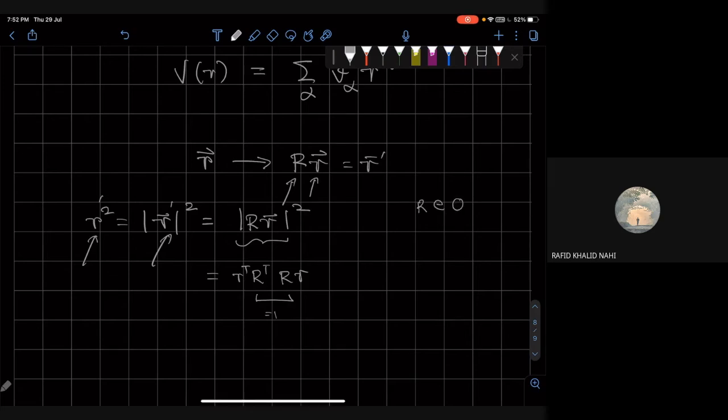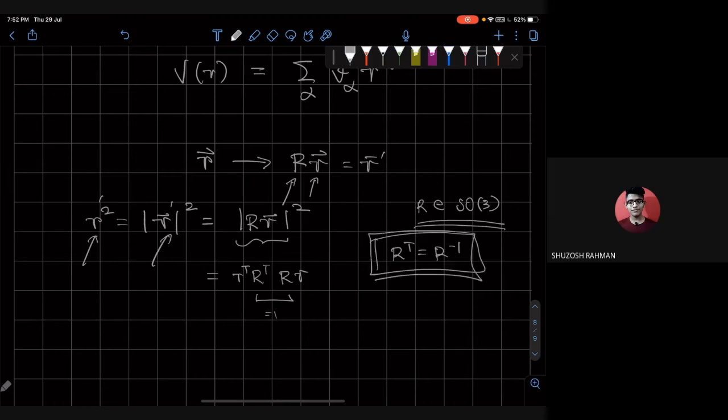They are part of the group of 3 by 3 orthogonal matrices. R transpose has to be equal to R inverse. You guys know about this, right? That's all I need to know: the transpose is equal to the inverse.